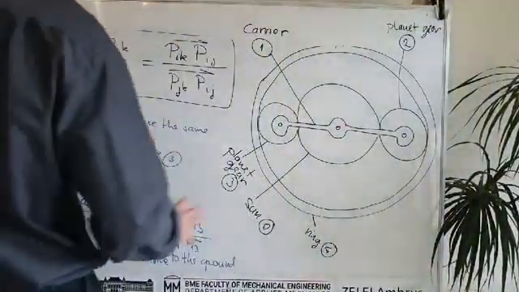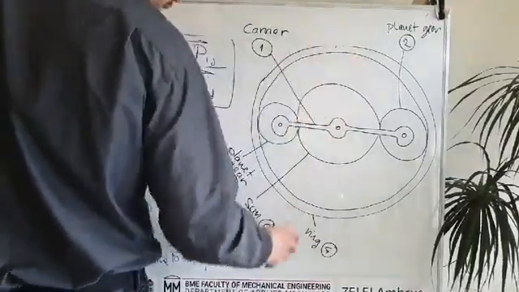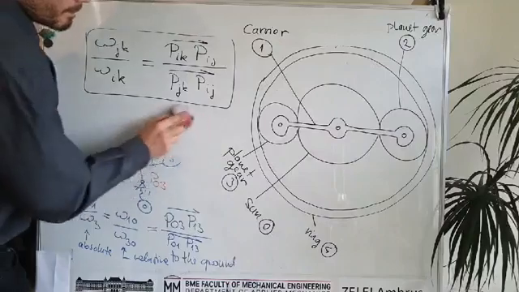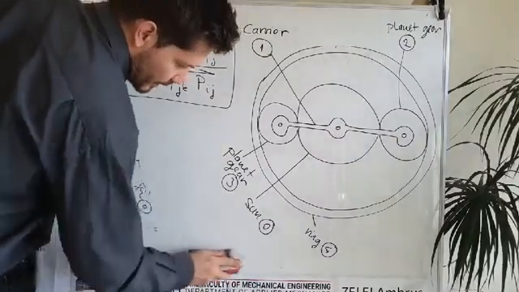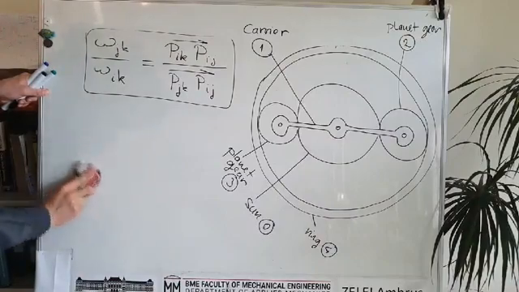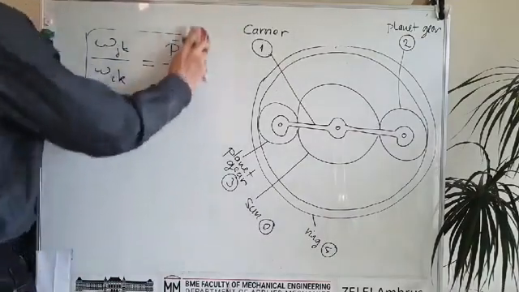Planet gear number 2 here. And basically all of these components can rotate, and there is a certain ratio of the angular velocities in the system.